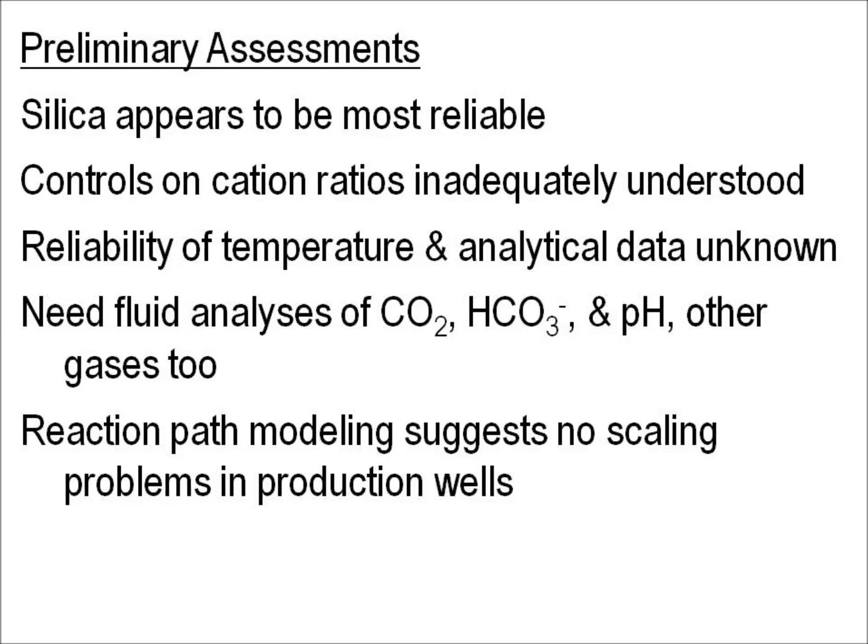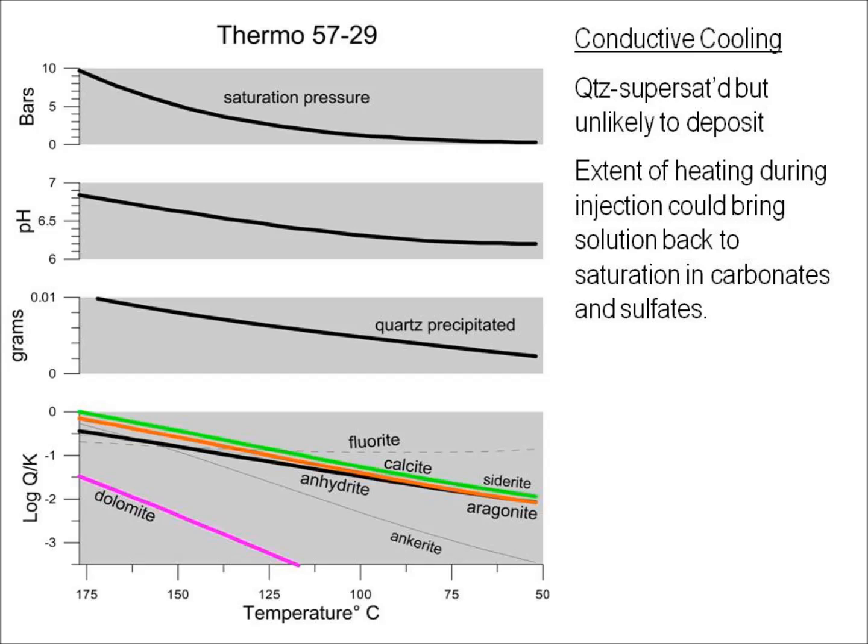Some preliminary reaction path modeling suggests that in the short term, and under the sort of scenario that both Rick and Joe described, there's going to be no scaling problems in the production wells. I'll just show you one of those reaction path models here. This is for the hottest water at Thermo. I've just adjusted the pressure, this is the saturation pressure declining as the temperature cools from 175 down to 50 degrees C. There's some pH change that's modest.